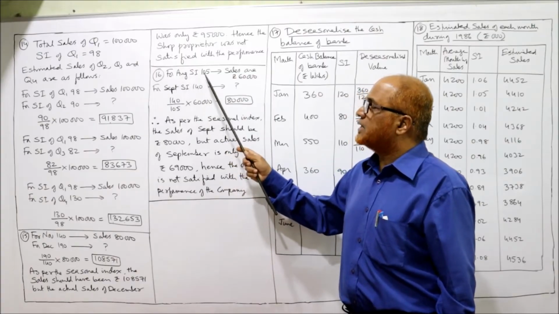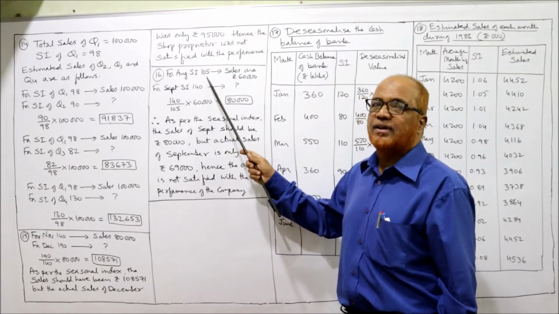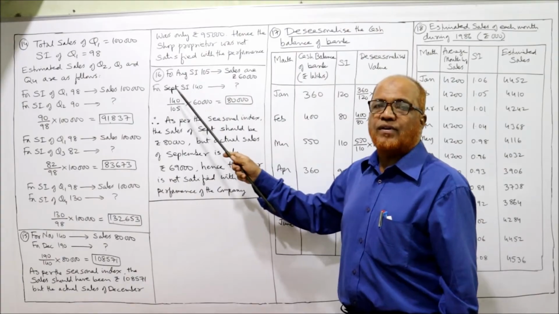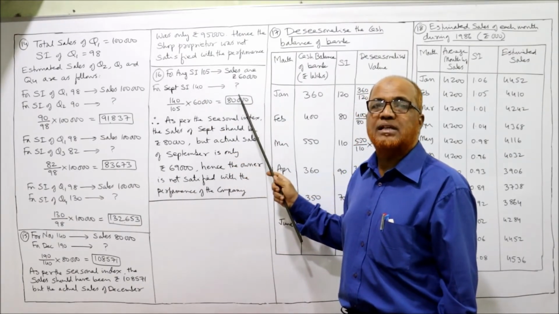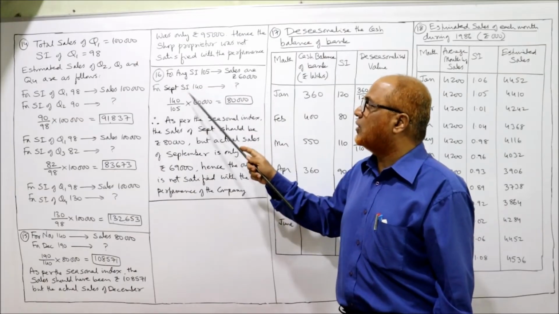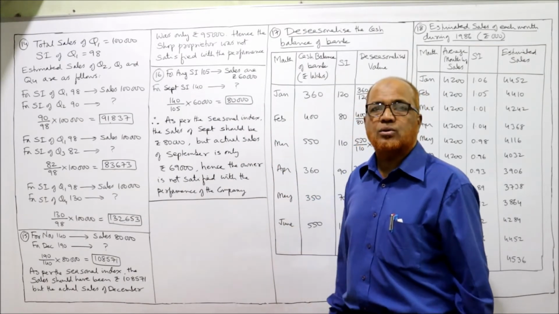Now what should have been the sales according to the index number? For August, seasonal index 105, the sales are 60,000. For September, the seasonal index is 140. How much would be the sales? 140 by 105 into 60,000 is 80,000.